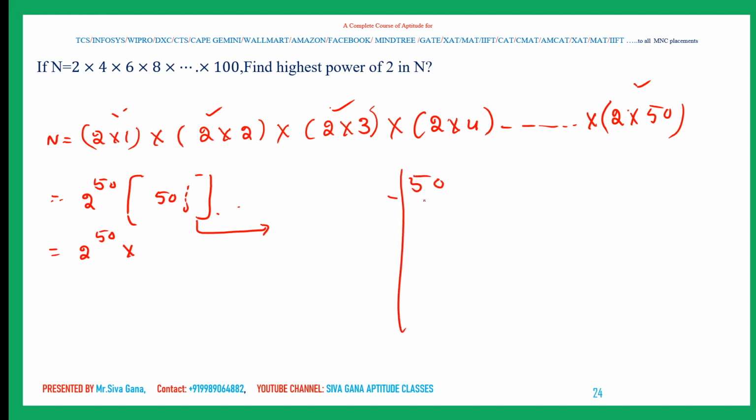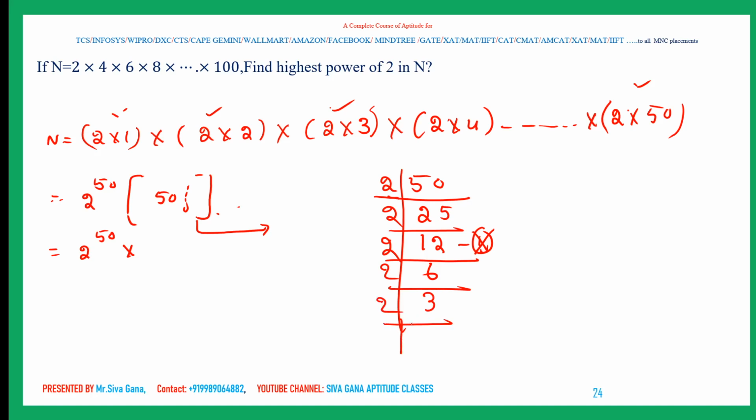This is the process. For the maximum power of 2 in 50 factorial: 2 twenty-fives are 50, 2 twelves are 24, 2 sixes are 12, 2 threes are 6, 2 ones are 2; the remainder is not required for us. So 25 plus 12 is 37, 37 plus 6 is 43, 43 plus 3 is 46, plus 1 is 47.